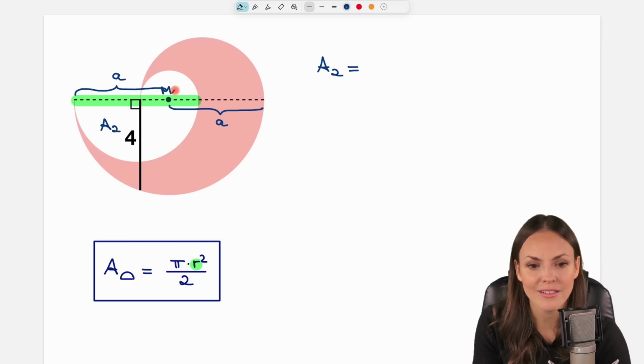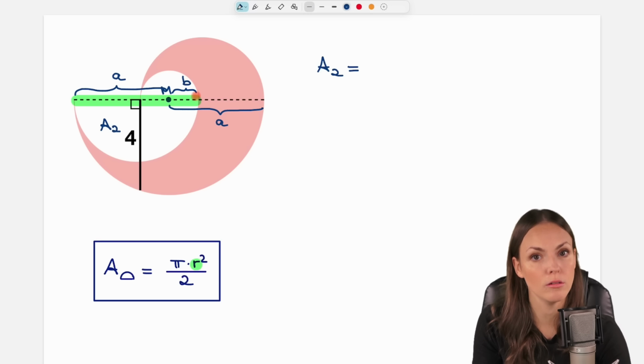I just have another part here from the center to this edge of this tiny semicircle. Let's call this part B maybe. We don't know yet how long B is, but we know that it is the radius of this tiny semicircle because it goes from the center here to the edge. Okay, so now we can say that the diameter D is A plus B.